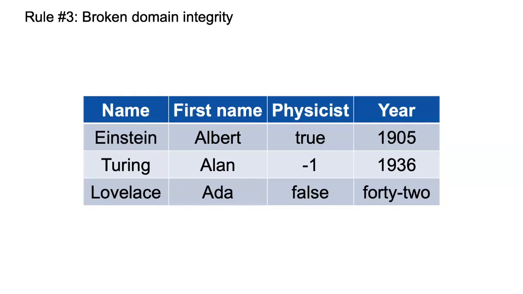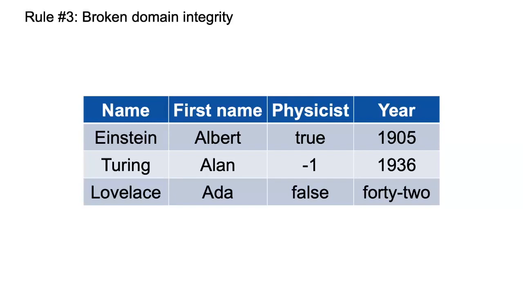In that case, it doesn't work. And can you see why? For physicists, I have Booleans and I have an integer too. So here you cannot put Boolean, you cannot put integer, it just doesn't work. You could put the type that has everything, of course, but again, that's cheating. And again, the year, you see there are two integers, and then there is this 42, which is technically a string, right?